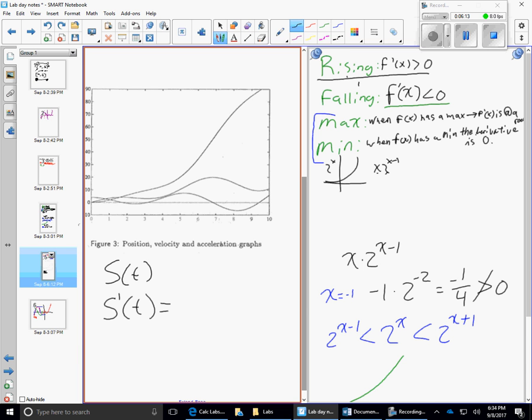So if S of t is the position, then S prime of t is going to be our velocity. And then similarly, the rate of change of velocity is going to be equal to our acceleration. How fast are we changing speed? And then that would be the second derivative of our position.